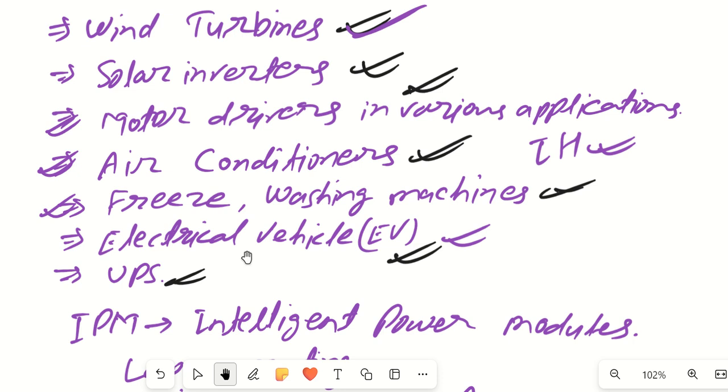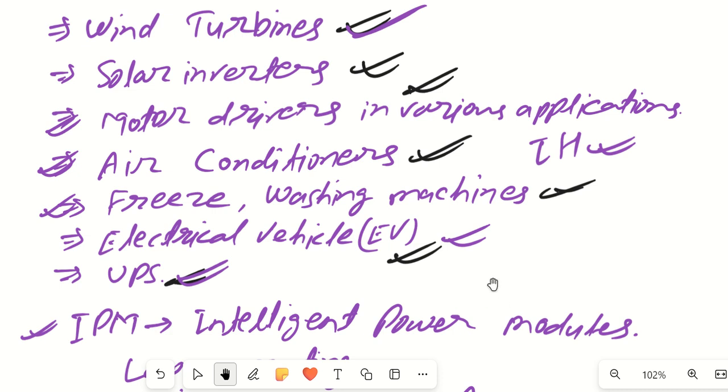They are also utilized in UPS, that is uninterrupted power supplies, and so on. However, these days IGBTs are getting integrated inside an IPM. IPM is a different concept. It is a slightly more advanced concept.